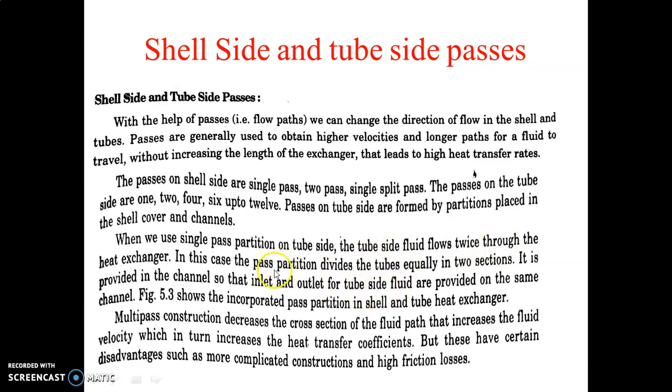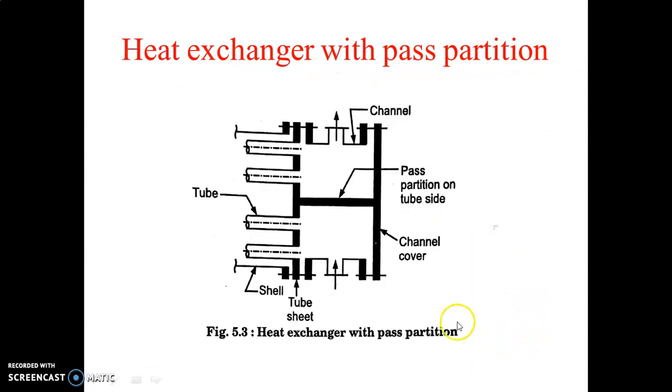Likewise, we classify the heat exchanger according to its shell side passes and tube side passes. Here I will show: this is called a pass partition, and this partition is nothing but the tube side passes.